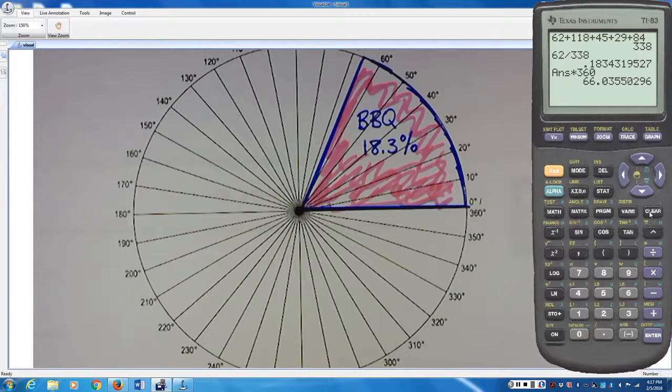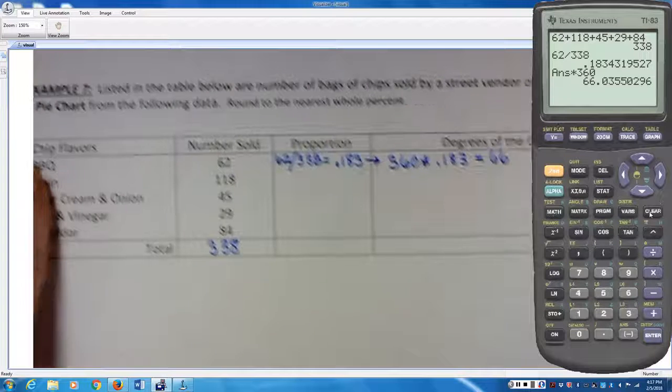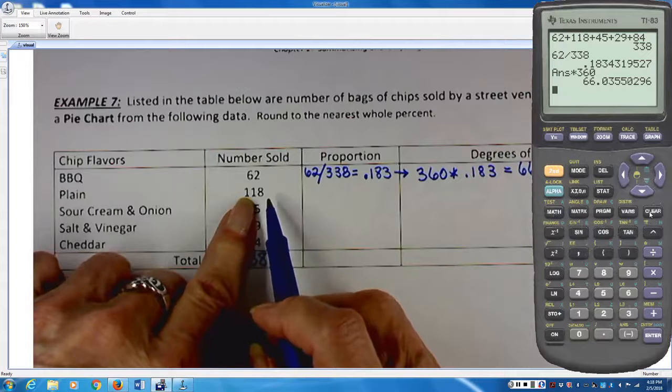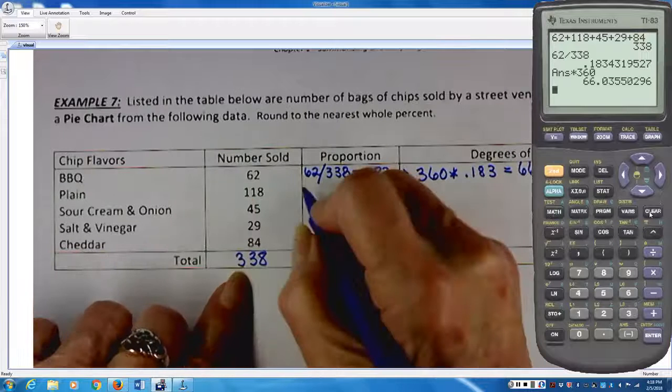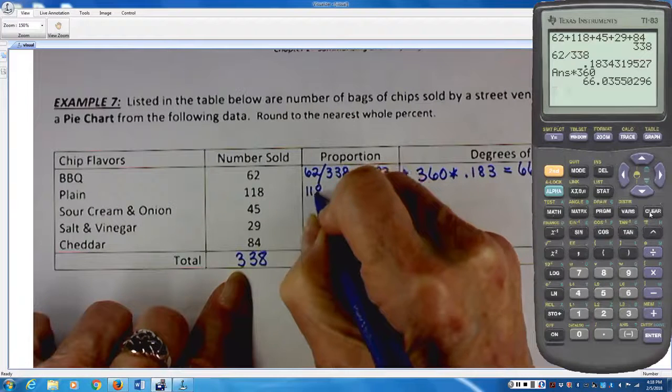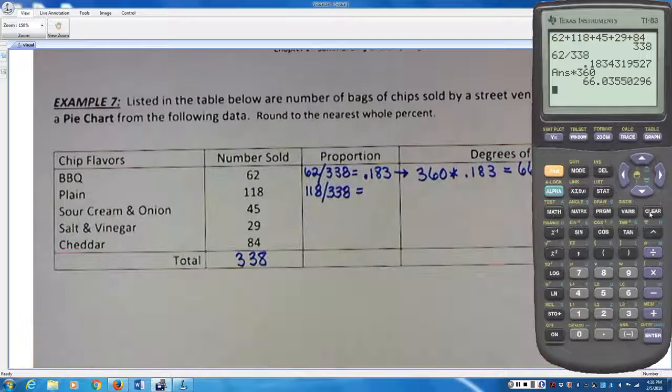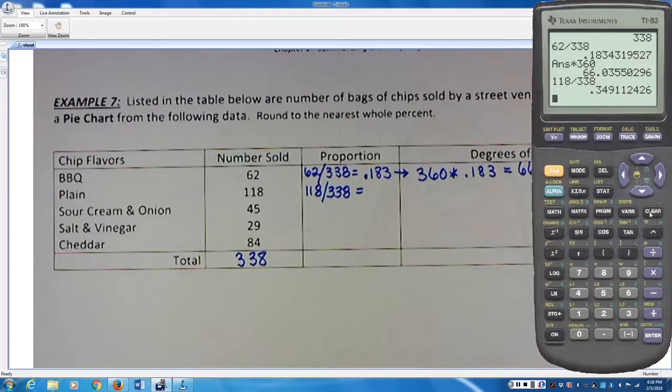So I have my first segment. Now I go back to my table, and the next segment is going to have 118 bags out of 338, which is about 34.9%.